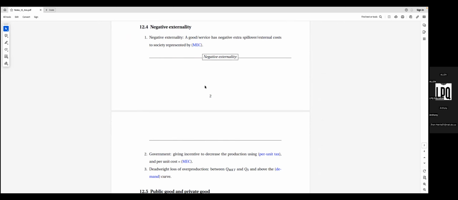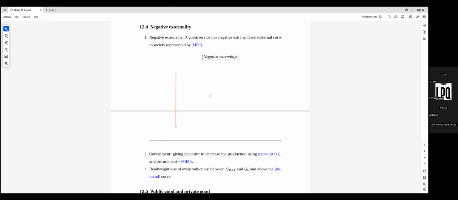The last market was a vaccination market, which is a good thing, so as a government you want to increase the quantity traded in that market. But this market, my example from the beginning of today's lecture, is a cigarette market. It's a bad thing, so the government needs to come up with some method to reduce the quantity of cigarettes produced and purchased in this market.